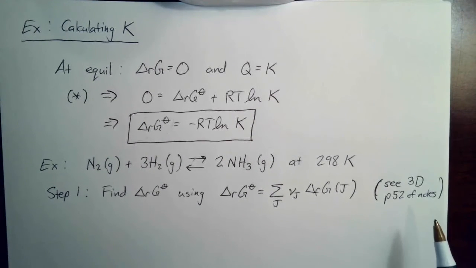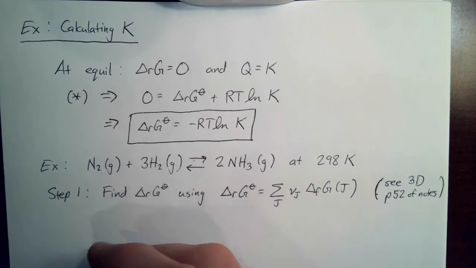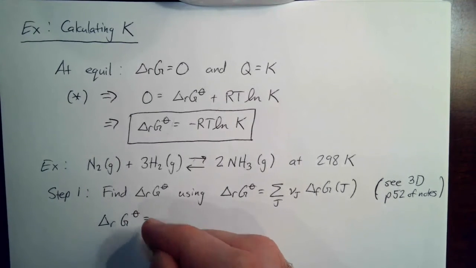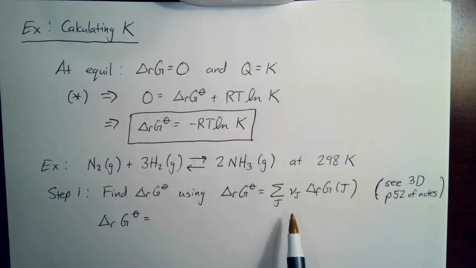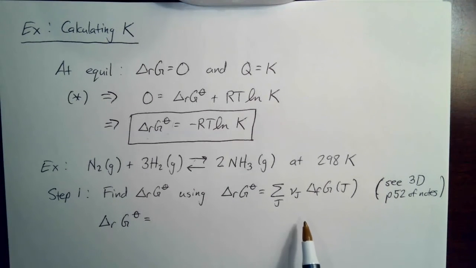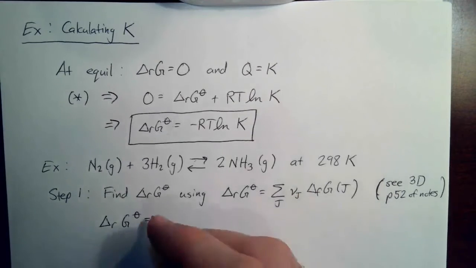Okay, and if you need a refresher, you can look back to page 52 of these notes or section 3D in the textbook. So just as we did back then, I'm going to compute this Gibbs energy of reaction using the Gibbs energy of formation, which I can find in a table. And so I'll start with the products because they have the positive coefficients.